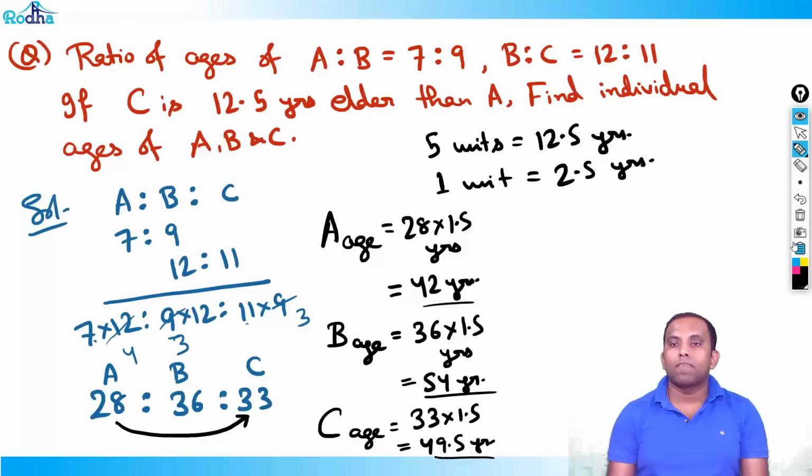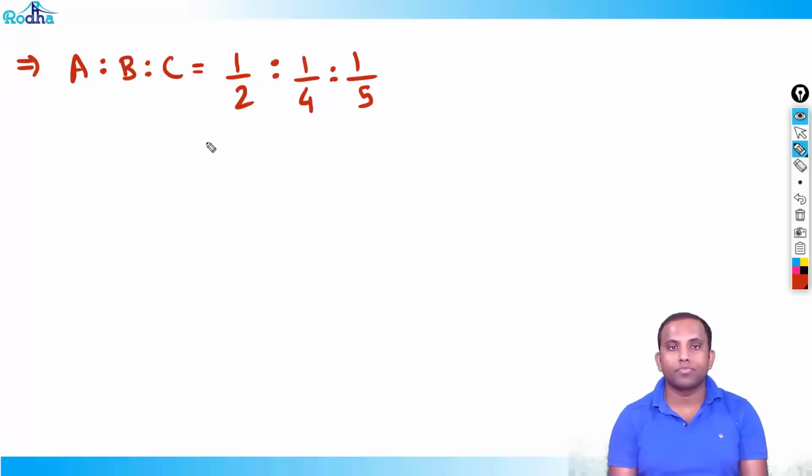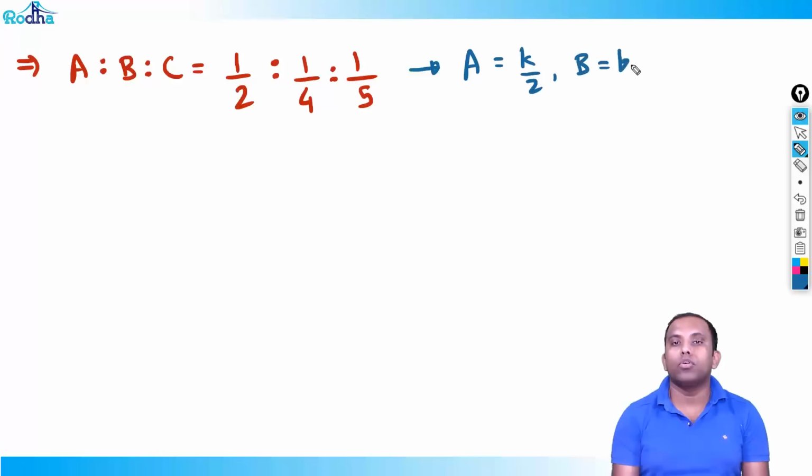Now suppose sometimes the ratio is given as A to B to C is half to 1 by 4 to 1 by 5, and some amount has to be divided between A, B and C. What we can do normally is assume the amounts: A has half K, that is K by 2, B has K by 4 and C has K by 5.